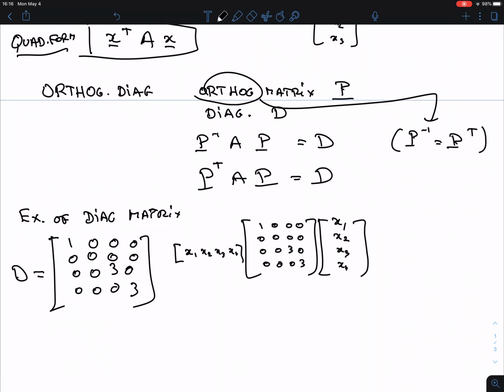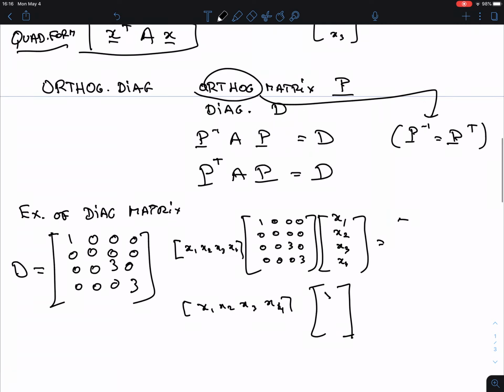Now, let's work this out very quickly. Well, so we get, let me do it here, x1, x2, x3, x4. So what we get here, we're going to get a column vector, right? So what is it? 1 times x1 plus 0 plus 0, 0, so x1. 0, 0, 0, so 0. 0, 0, 0, 3 times x3.